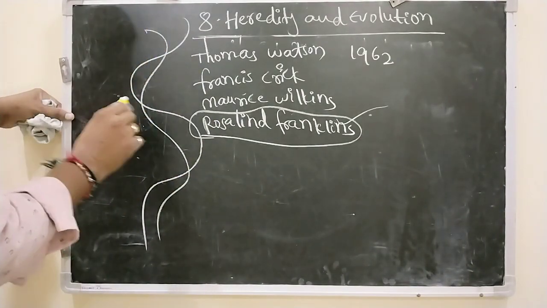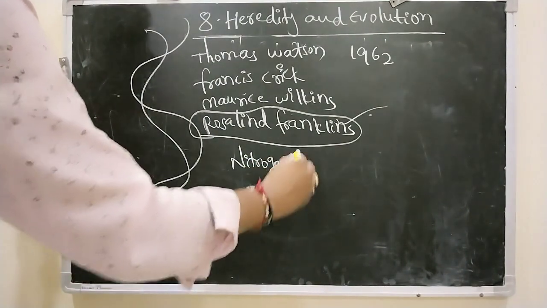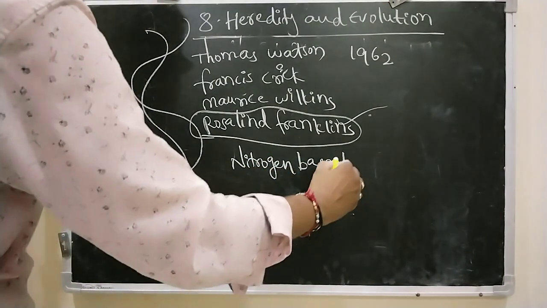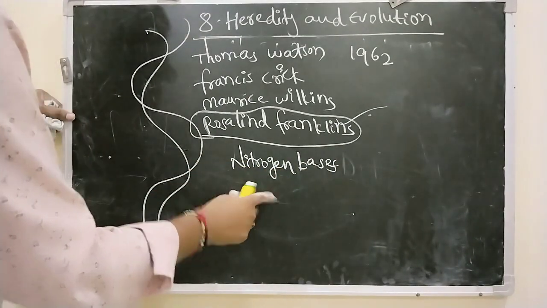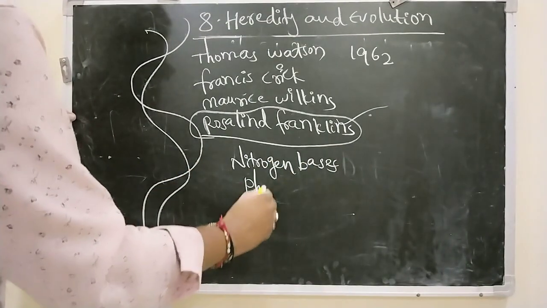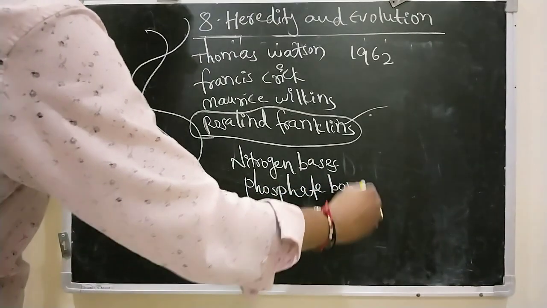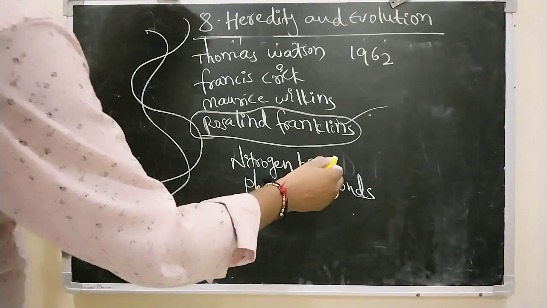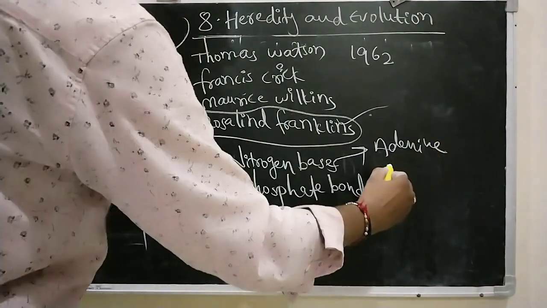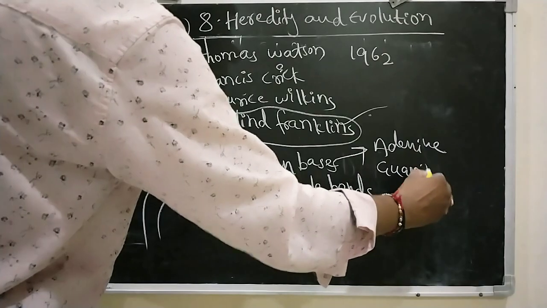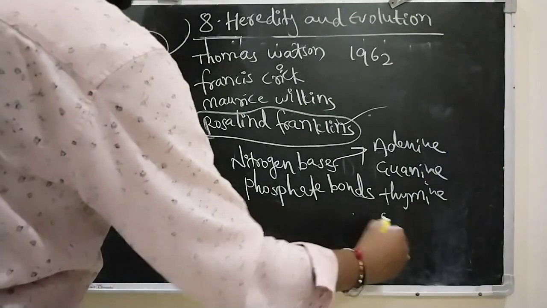They said that the double helical structure of DNA consists of nitrogen base pairs. Four nitrogen bases are present, and between these nitrogen bases, phosphate bonds are present. What are the four nitrogen bases? Adenine, guanine, thymine, cytosine.